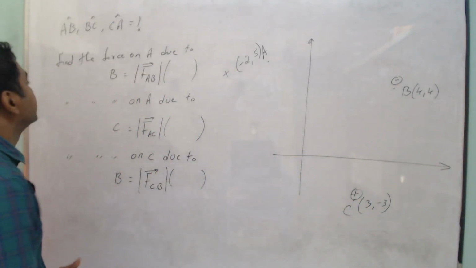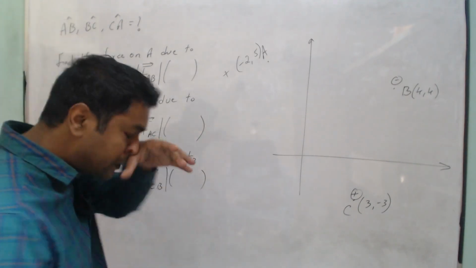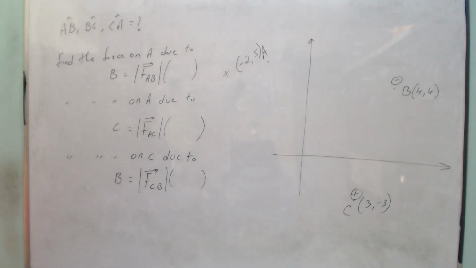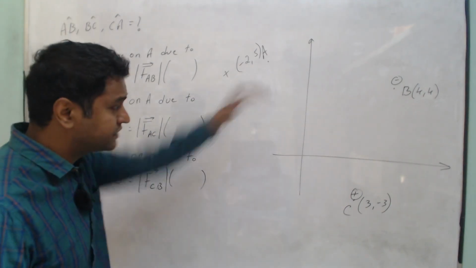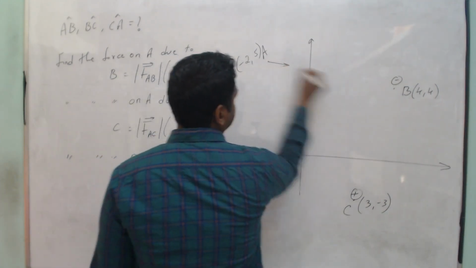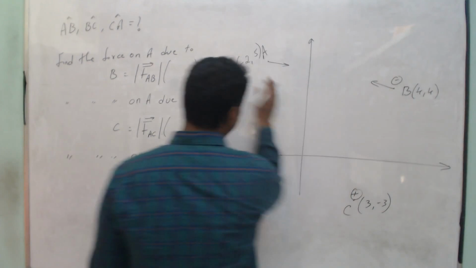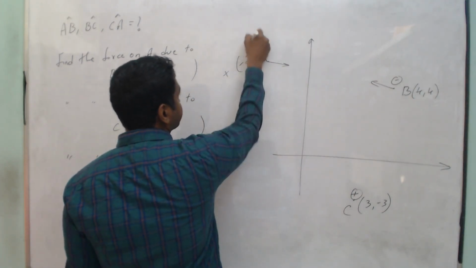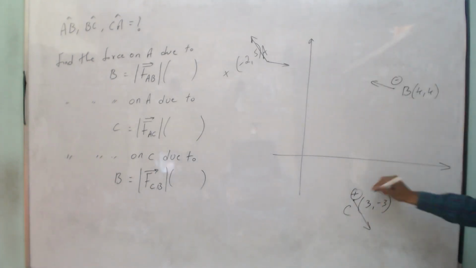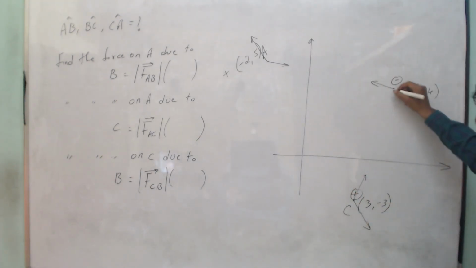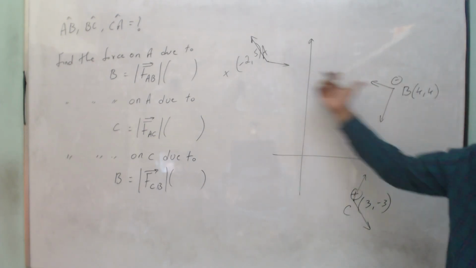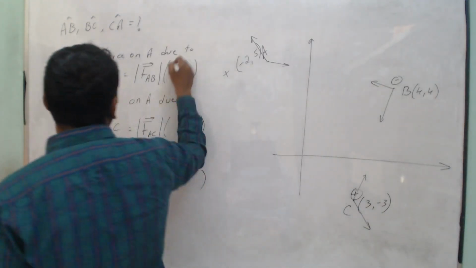Now find the force on A. So I'll draw the AB cap. I'll draw the lines first, right? Unlike charges, we will have attraction. Like charges, we will have repulsion. On A due to B is from A to B, so it is AB cap.